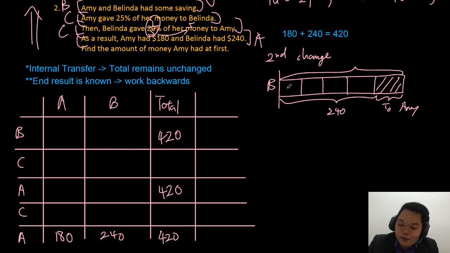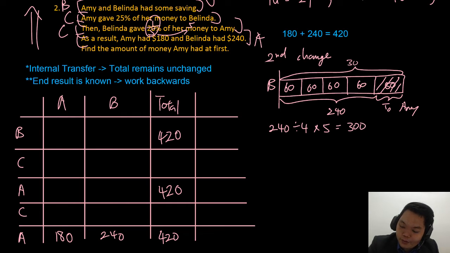You want to take 240, divide it by 4 blocks. This will give you 60. And then you multiply it back by 5. So this would give you 300. Okay? You would have 300 over here. So how much did Amy have at this point? Amy must have had the total $420 minus $300.